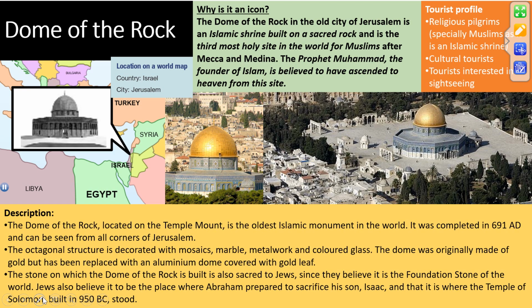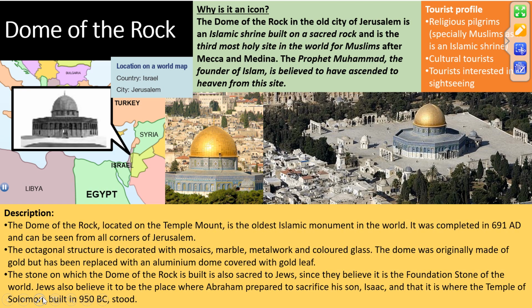It is located in the old city of Jerusalem and is an Islamic shrine which is built on a sacred rock. This is the 3rd most holy site in the world for Muslims after Mecca and Medina. It is believed that the Prophet Muhammad, who was the founder of Islam, ascended to heaven from this site.